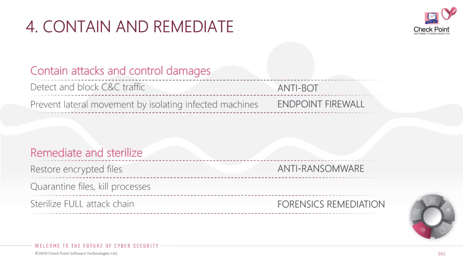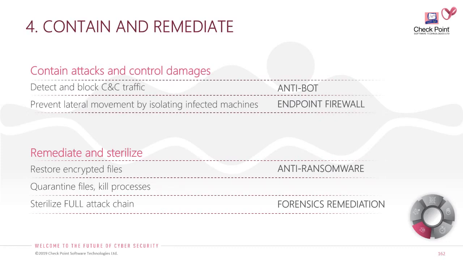During that time, we have the anti-bot engine. It will protect you from suspicious communication and command and control channel communications. And for lateral movement, the malware may be propagated from one system to another system. During that time, we have the endpoint firewall model to protect.